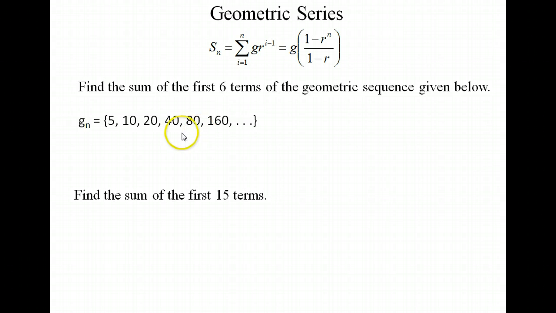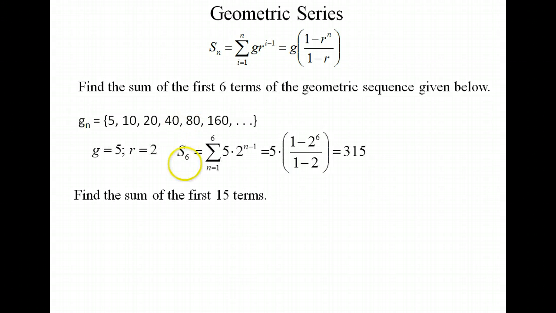So r is 2 and g is 5. Plugging into our formula, we have 1 minus 2 to the 6th over 1 minus 2 times 5. So that gives us 315. You can verify that pretty easily by adding up these 6 terms, and you should get 315.